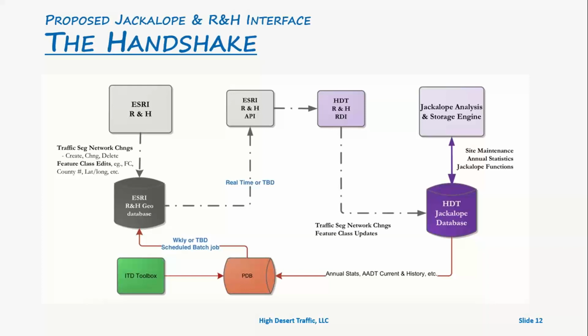And then we're going to have various tools, various Jackalope functions that'll make managing that information easier in the Jackalope product itself, and that's part of the alerts that I'm talking about, as well as other ways to do ad hoc reporting of how the Jackalope database is looking compared to the Roads and Highways database.